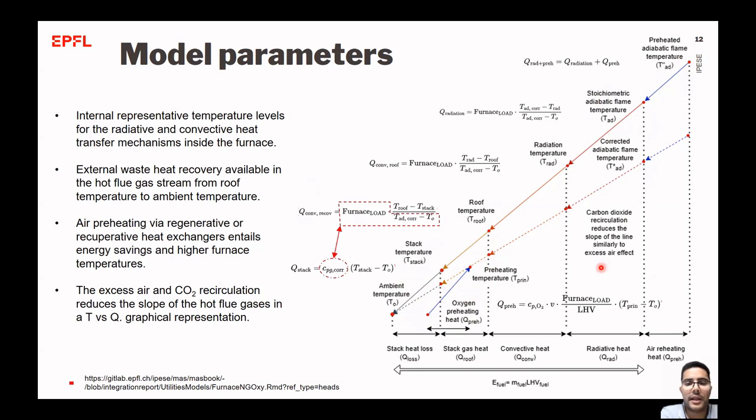Another interesting detail here is that if we increase the amount of recirculation of flue gas or CO2, the adiabatic temperature flame drops because we are injecting an inert gas that is going to decrease the slope, which is related to the CP of the flue gases.